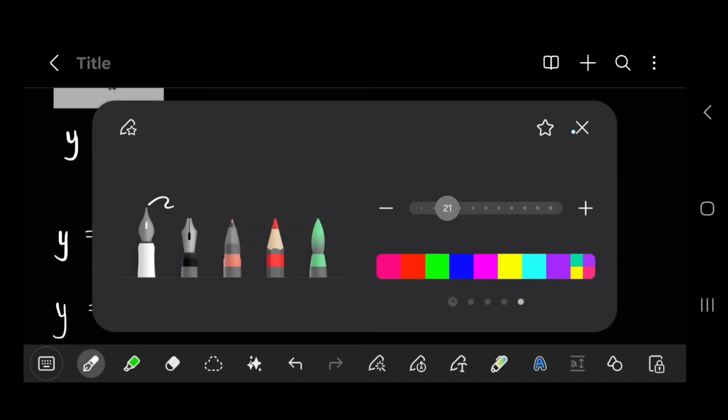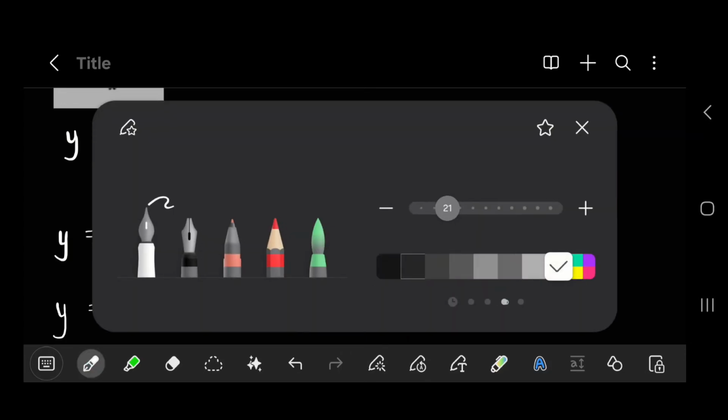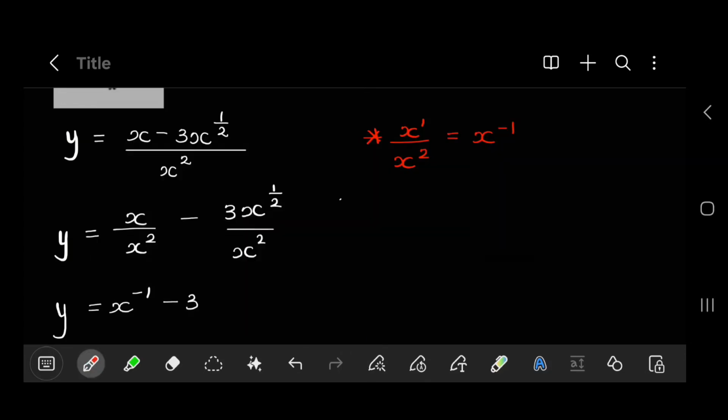Now let us separately look at how to simplify the second term. Okay, firstly, the -3 will stay there. That's your coefficient. I want to focus mainly on how to simplify the x's. So we've got x to the power 1 over 2 in the numerator and x squared in the denominator. Now again, we are dividing bases that are the same, so we can subtract the exponents.